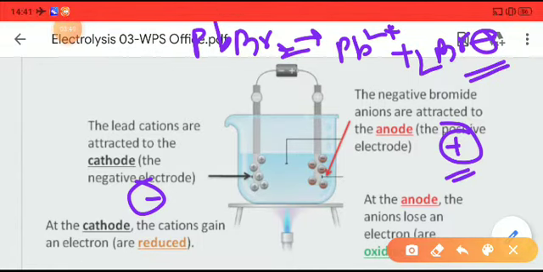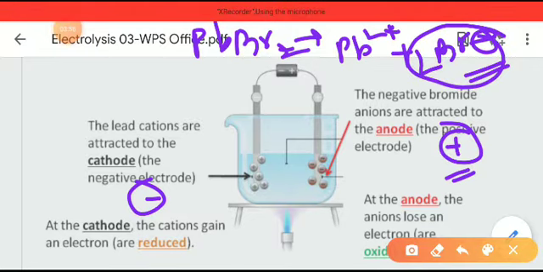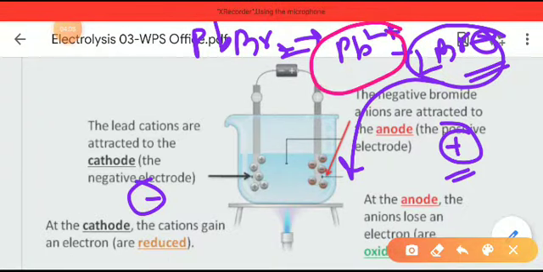Opposite charges attract. That is why 2 Br minus will go to the anode side, whereas Pb2+, a positive cation, will move to the negative side, the cathode. So cations move to the cathode and anions move to the anode.